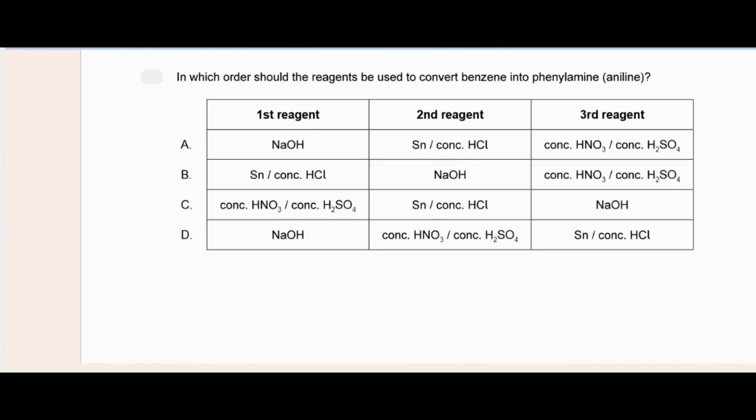What's important to note here is that we are starting with benzene, not nitrobenzene. So it's actually combining 2 mechanisms into one. So starting off with the electrophilic substitution with benzene, where we are adding NO2 to benzene to turn it into nitrobenzene, what we need there is concentrated nitric acid and concentrated sulfuric acid.